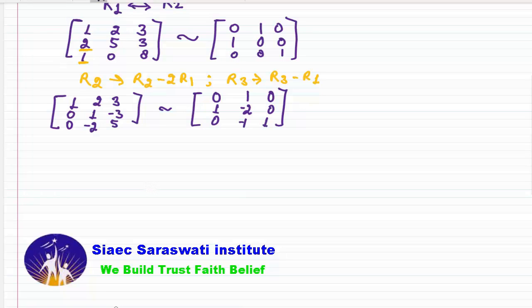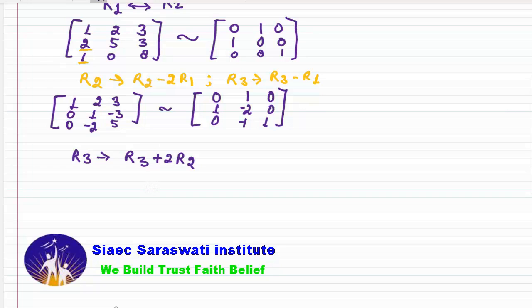Okay, now the next target is that the element at second row and second column must be 1, and with the help of this one, the elements above and below must be 0. So what property do we apply? We apply the next property, that R3 implies R3 plus 2 times R2.